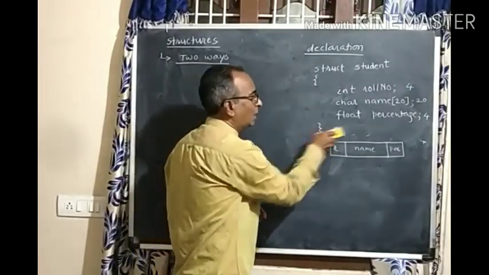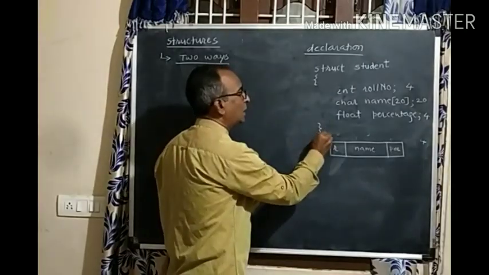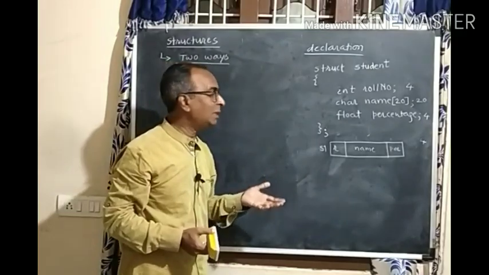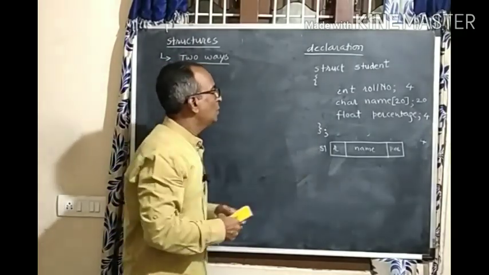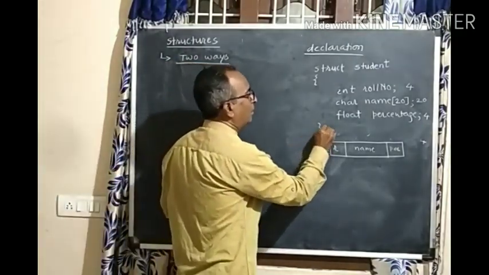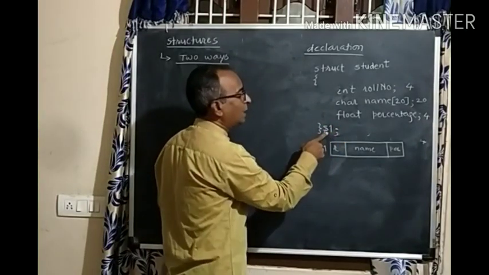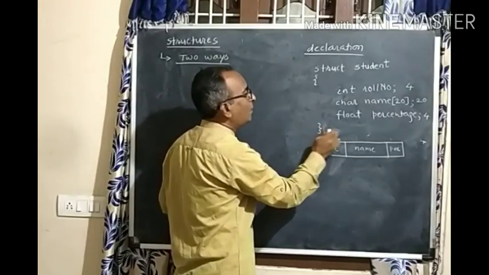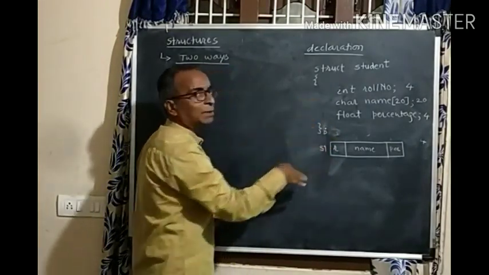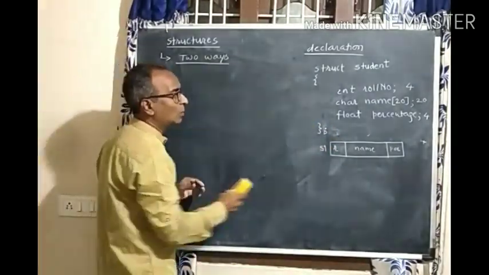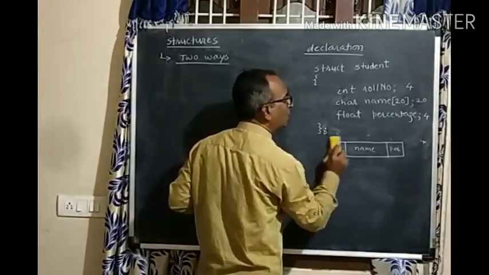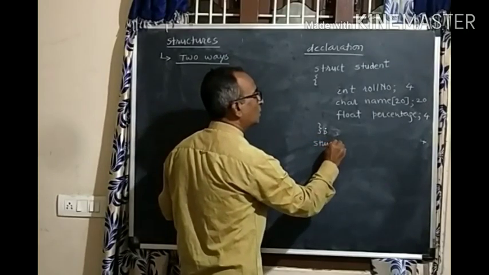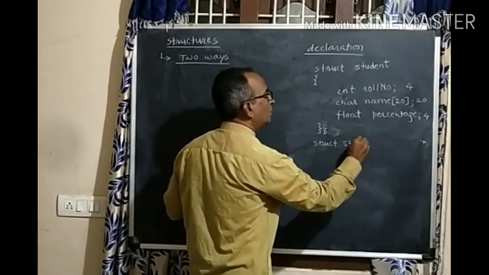Else, if you are writing this way, this is just declaration. Memory won't be given because variables are not created here, right? This is one way of creating variable of this type. Now the other way is after declaration also you can create your variables like this. Struct student.